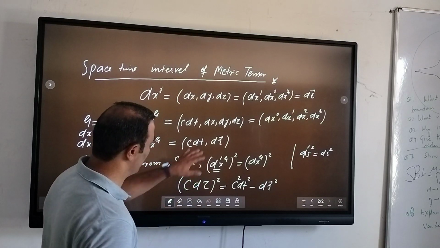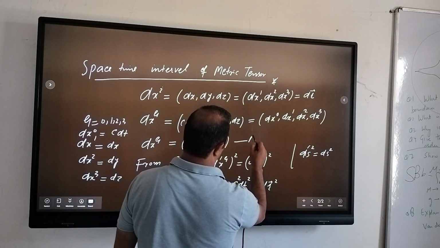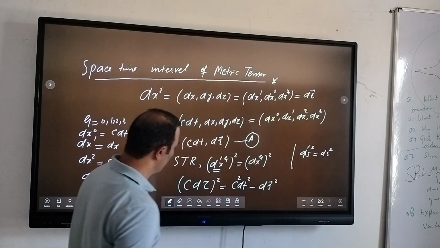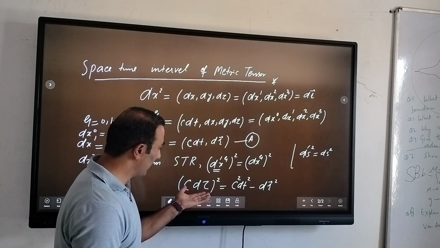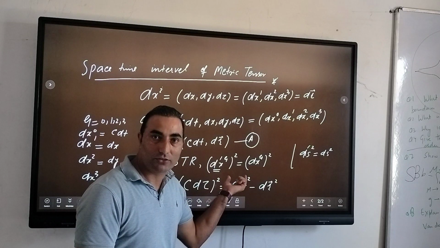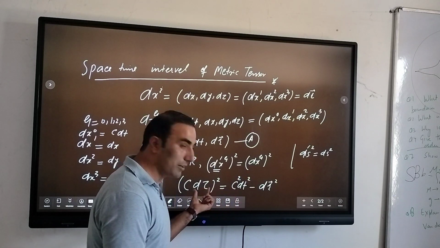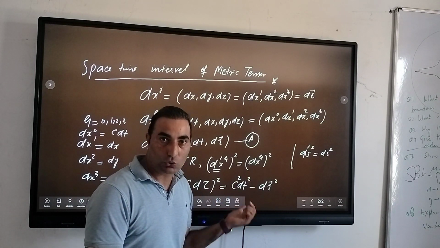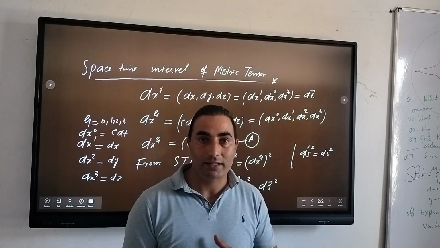So from this equation A, you may ask why I am now writing d tau, when dx^0 is c dt. Tau represents our proper time.